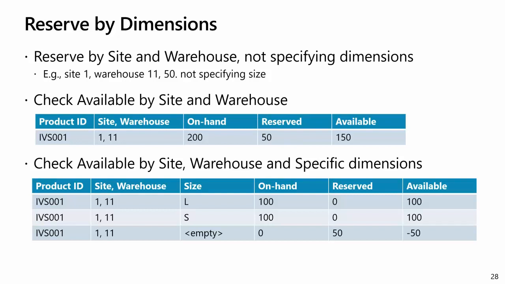So this is what happens when we reserve with empty dimensions. Users should notice that it is not advised to make a mixed type of reservation. For the same item, they should always specify certain dimensions or always leave them empty.